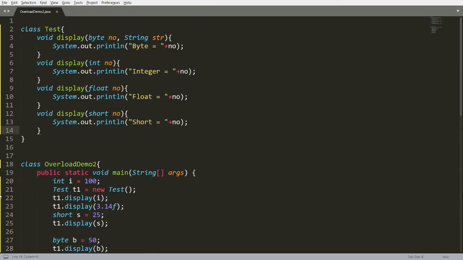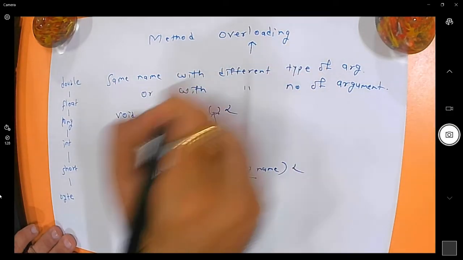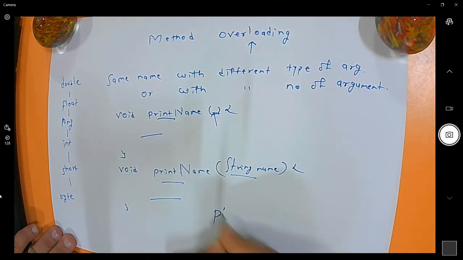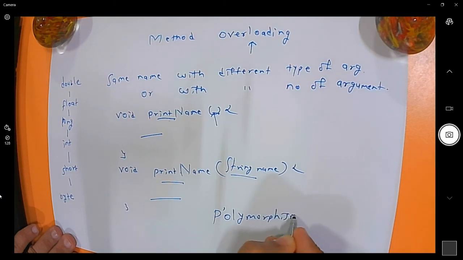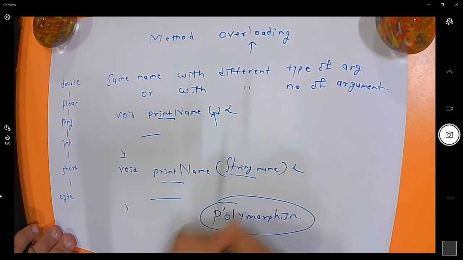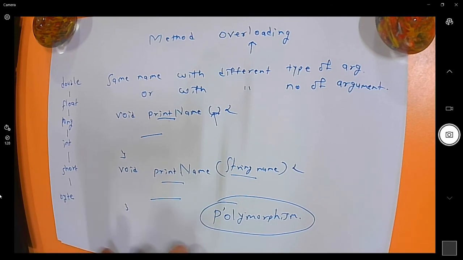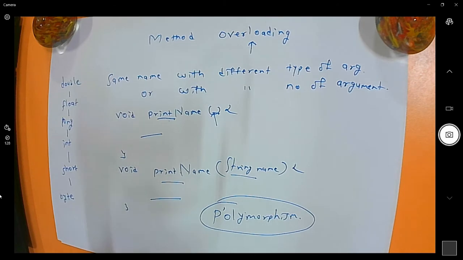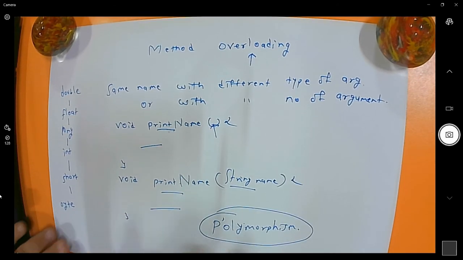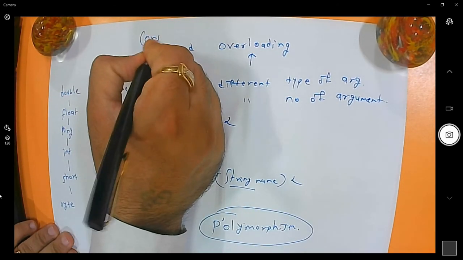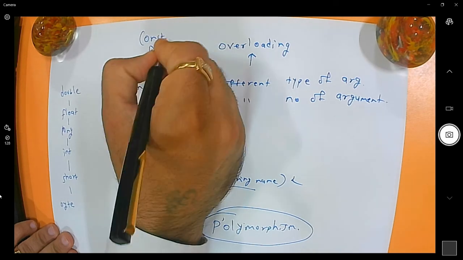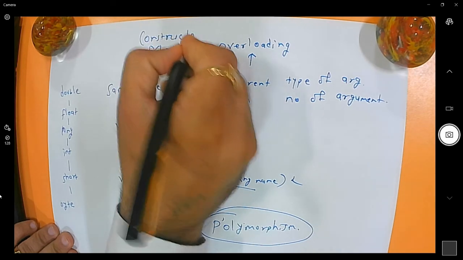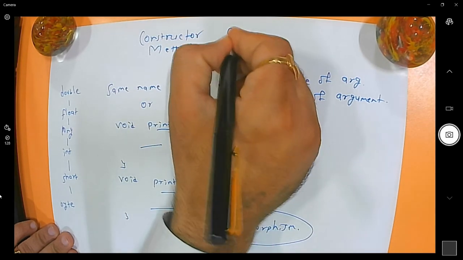So we can say that method overloading is known as polymorphism. So this is the example of polymorphism. Not only can you do overloading in a method, you can do overloading in a constructor also. So if you want to do overloading of the constructor, then the same rules apply over here.